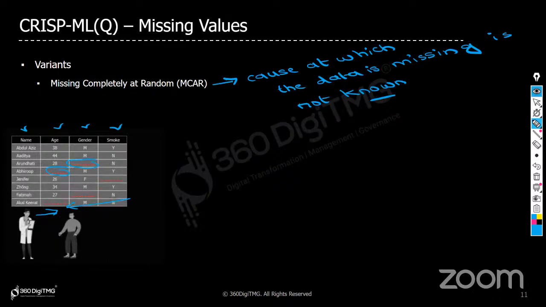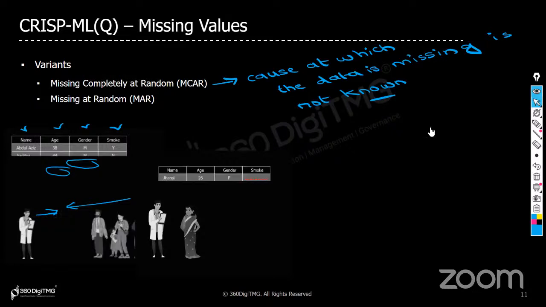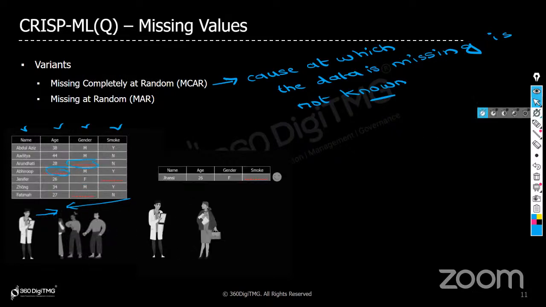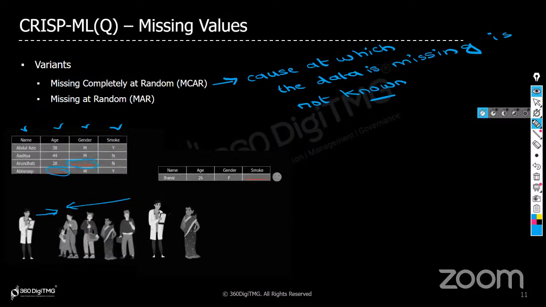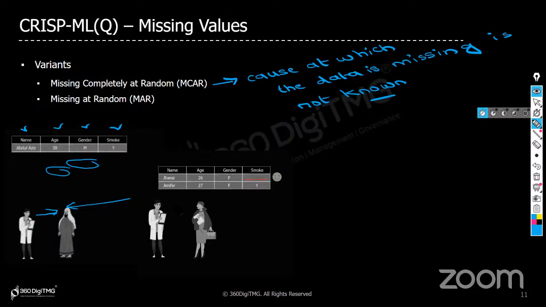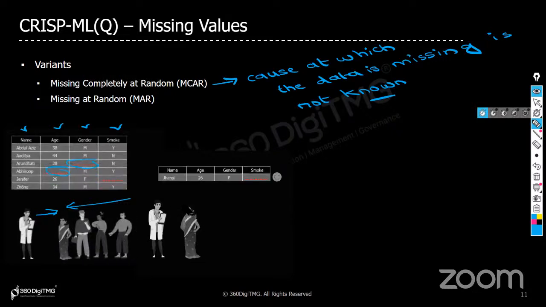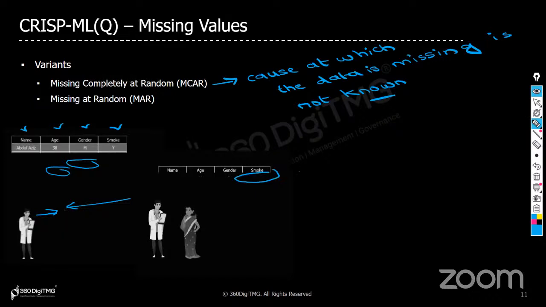Now, the second variant is missing at random. So what is missing at random? If you see this example, the same doctor is filling in the details of the patients. First of all, a patient came who is wearing a sari. He asked her whether she smokes or not. She just gave a smile and didn't answer anything.